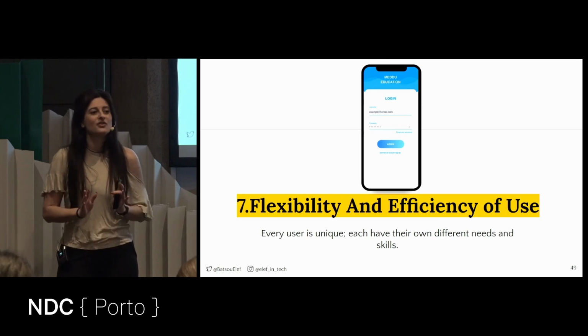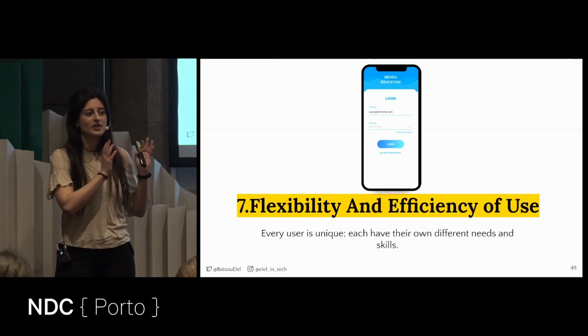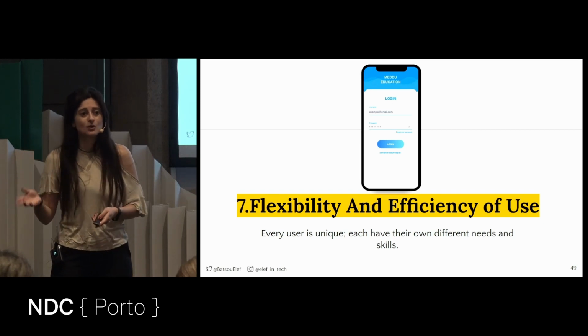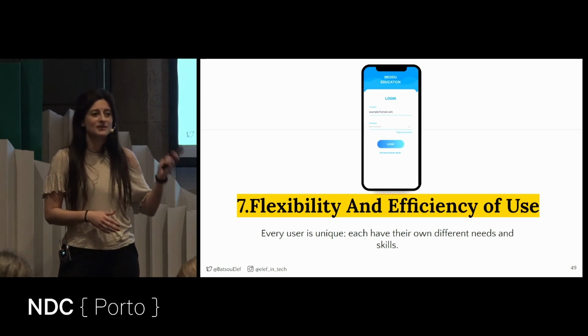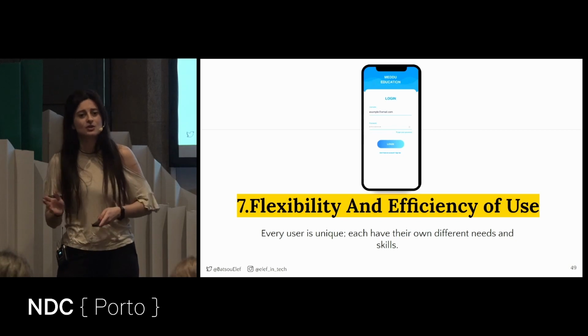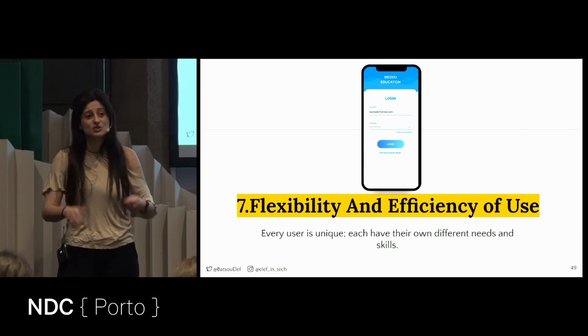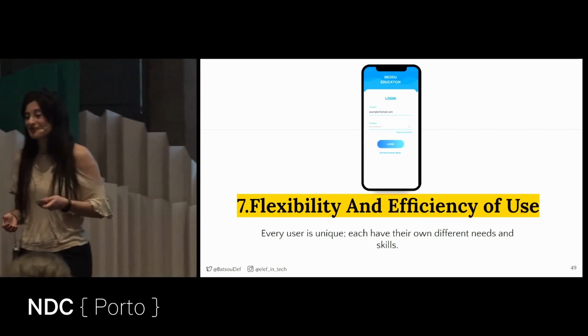So we want to provide something for everyone, for the beginners and for the power users. Always think about that. Maybe a beginner will need to see the instructions, whereas a more advanced person will want shortcuts and connections with other apps and stuff like that. So we should always provide and make it as good as possible to make everyone happy.